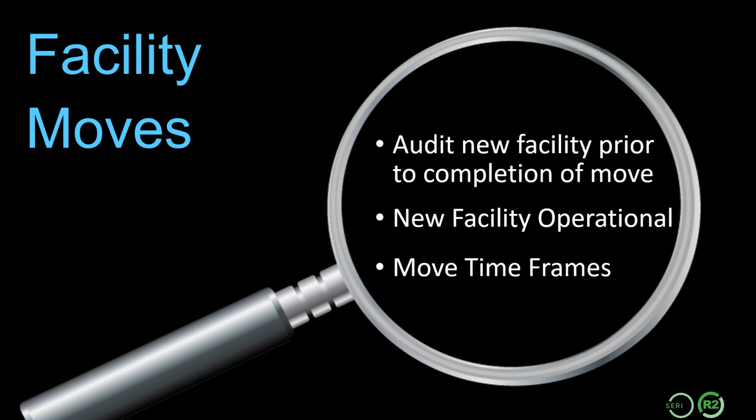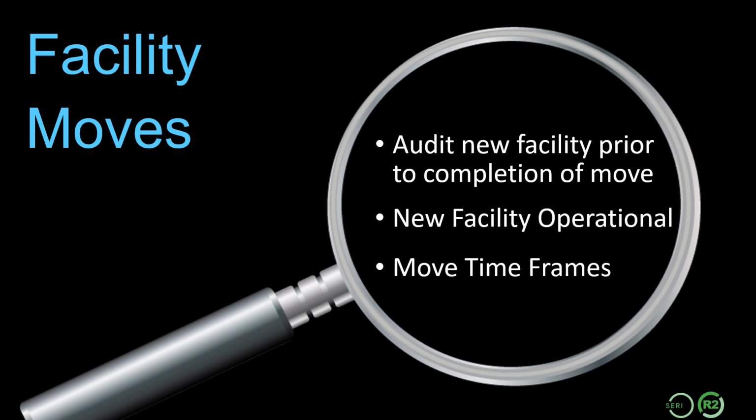The CB auditor is required to audit the new location prior to the completion of the move. The CB will suspend the certificate from the previous R2 facility location if the new facility location cannot be audited prior to completing the move of its certified scope of operations. The new location must be operational and have completed its internal R2 audit, compliance audit, and any other applicable internal audits.